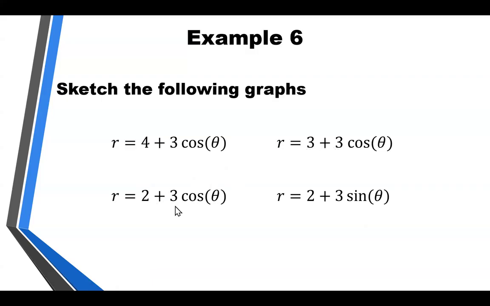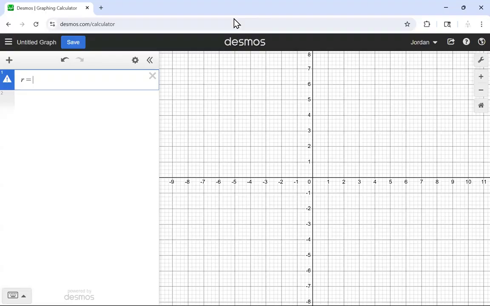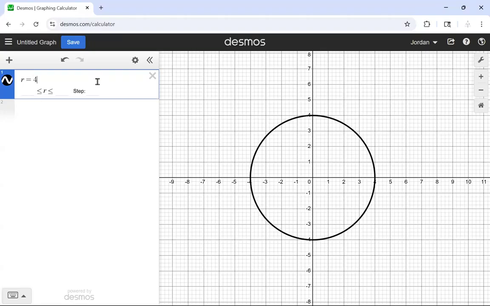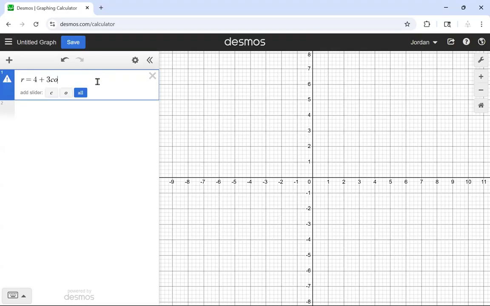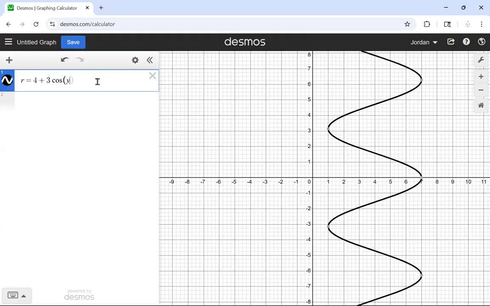In the third one, the coefficient of cosine is bigger than the constant. And then we'll use sine as well when we go through that. So let's graph these using technology. Once again, I'll use Desmos, but you can also use your calculator. So r is equal to 4 plus 3 times cosine of theta.